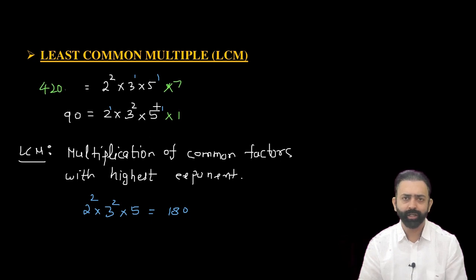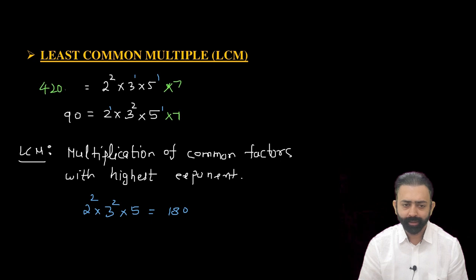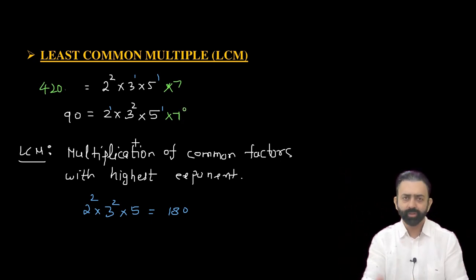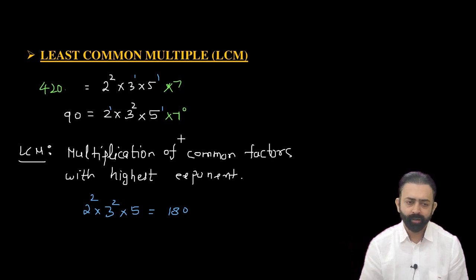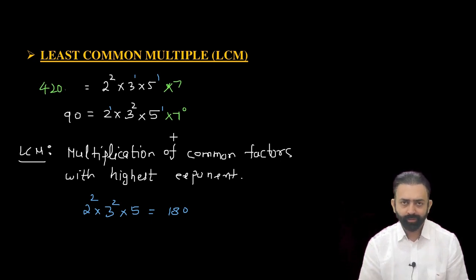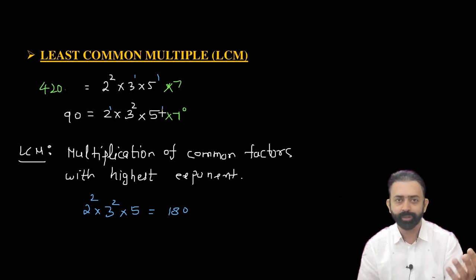We can multiply 1 to any number and the answer will remain the same, and this 1 in fact can be written as 7 raised to power 0, because something raised to power 0 is 1. Now why have I done this? In order to find out the common prime factors and deal with the exponents.